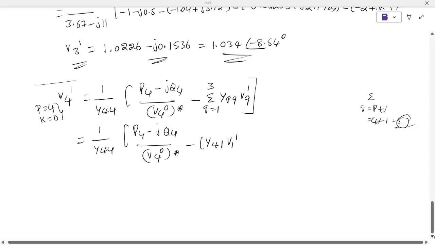Here P is equal to 4, and Q is equal to 1 to 3, that means Q value 1 comma 2 comma 3. You need to substitute 1, 2 and 3 and you will get Y41 V11 plus Y42 V21 plus Y43 V31.